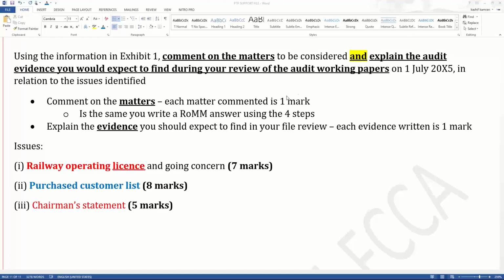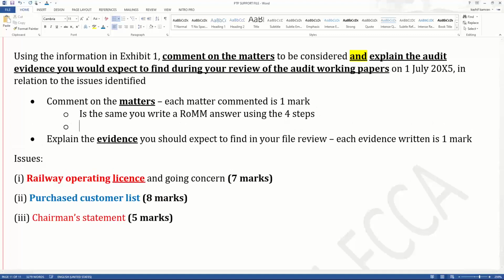Okay, now what to do? In the same way you write a ROM answer using the 4-step model, that means you will have materiality as a matter, accounting treatment as a matter, risk as a matter, and the impact on financial statement as a matter, because they were basically the 4 steps.